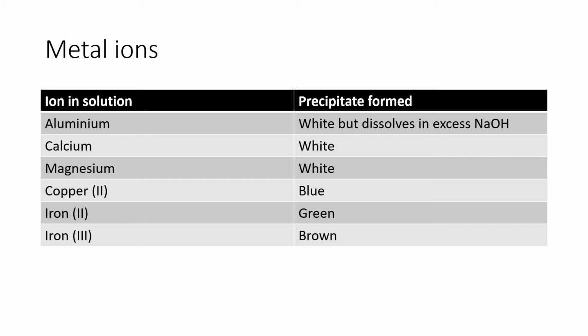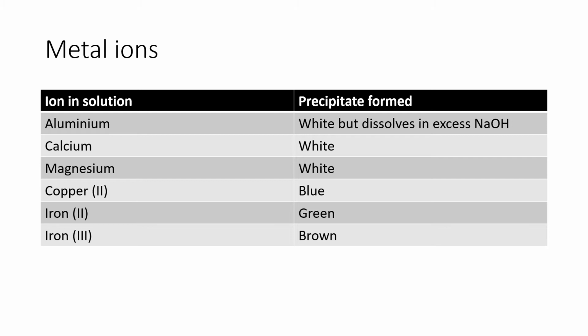What you do is you add sodium hydroxide, and if a precipitate forms, then you can look at the colour of the precipitate and determine what metal was in the solution.